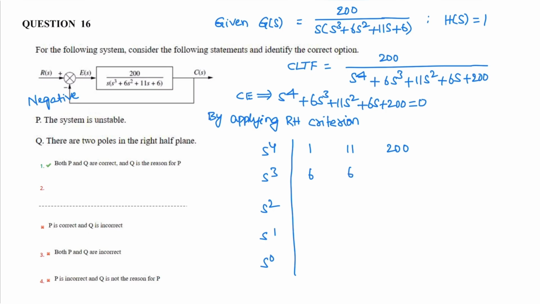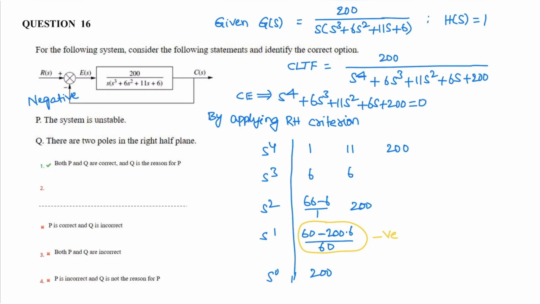Then the s square row equivalent value is (6 into 11 minus 6) by 6, that is 60, and 200. Next, s power 1 is (60 into 6 minus 200 into 6) by 60, that is 60 minus 200 into 6 by 60, and for s power 0 it is 200. Now 60 minus 200, that is 1200 by 60, is a negative value.